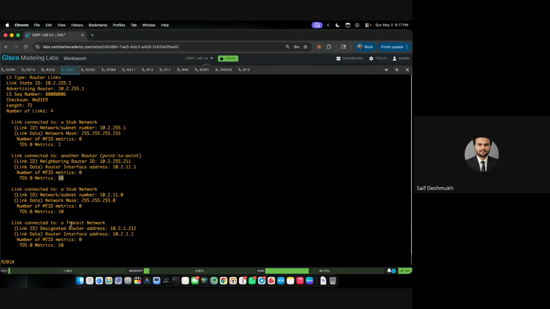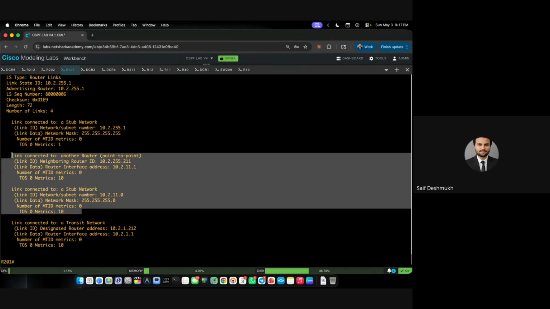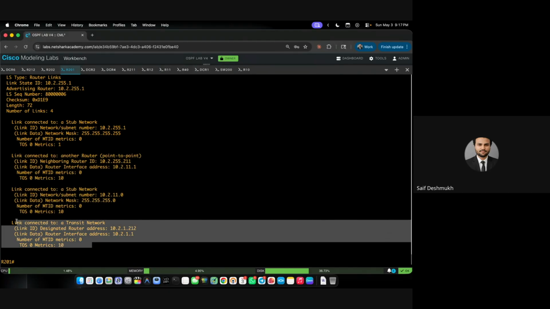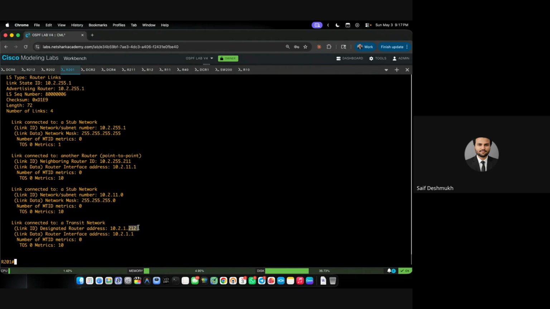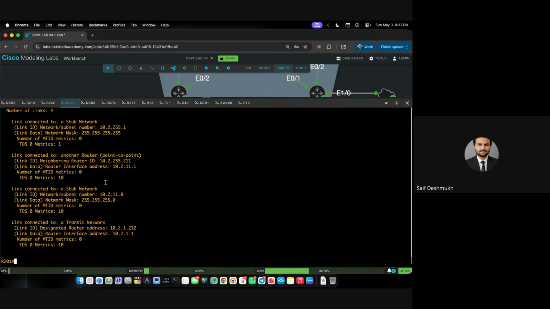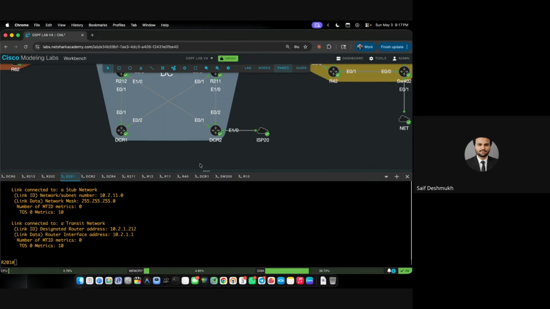Okay, let's see. We also have 10.2.1.212. That means this link was the link from DC router 1 towards DC router 211. There is one more link. It is going towards DC router 212. We can make that link also. Okay, this link Ethernet 0/1, Ethernet 0/1 on both sides.